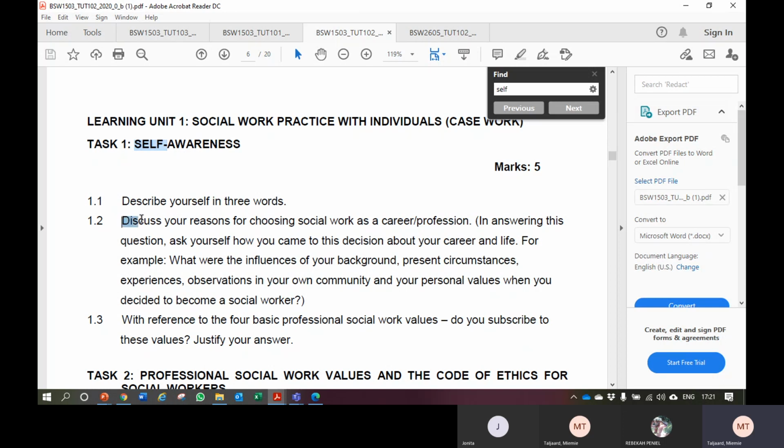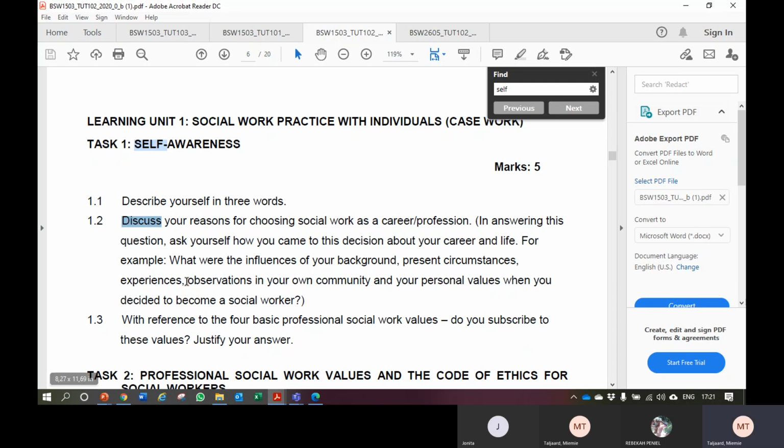Remember, I said discuss refers to an answer in which you mention more than one aspect. And do you see here they have different aspects.